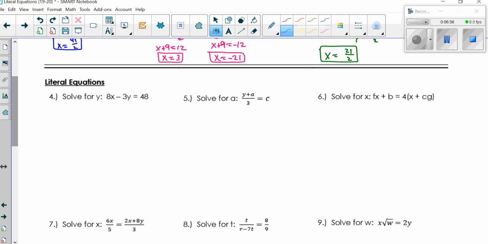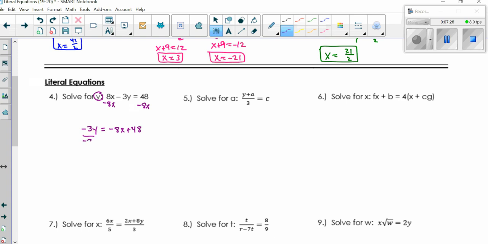All right, solving literal equations just means that we want to solve for the variable that's being asked for. So in this case, it says to solve for y. If I want to solve for y, I first need to move this term to the other side. So I'm going to subtract 8x. That's going to leave me with negative 3y equals negative 8x plus 48. We typically write the variable first, which is why I'm rearranging these terms, not writing 48 minus 8x.